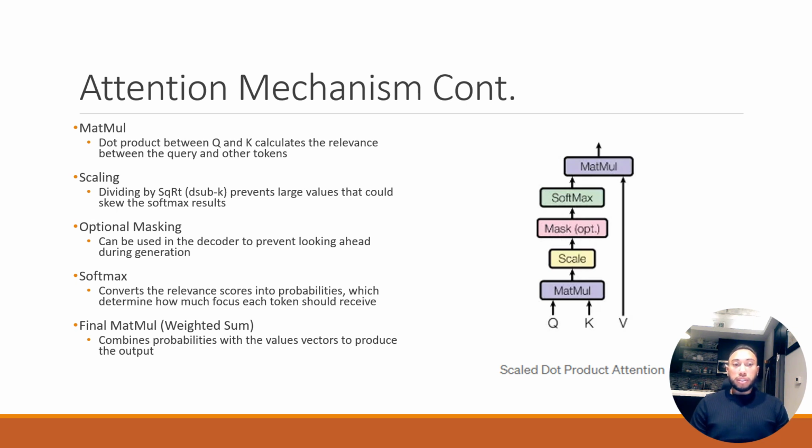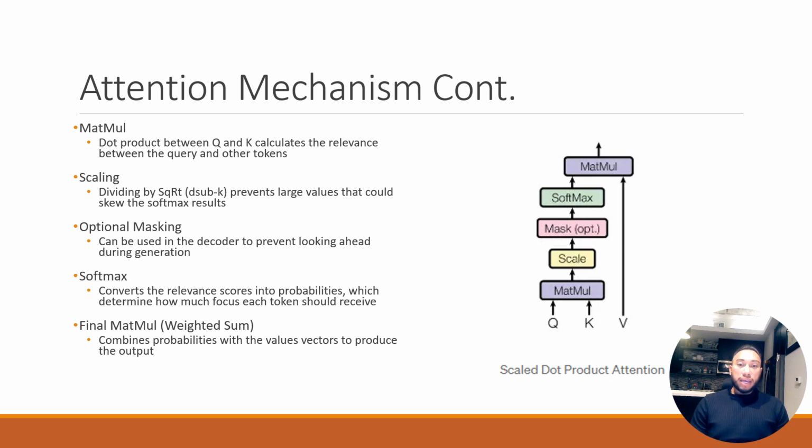So it's the dot product between Q and K, and that calculates the relevance between the query and other tokens. Next, it goes up to the scaling portion. And so that just basically means that dividing by the square root of d sub k prevents large values that could skew the softmax results.